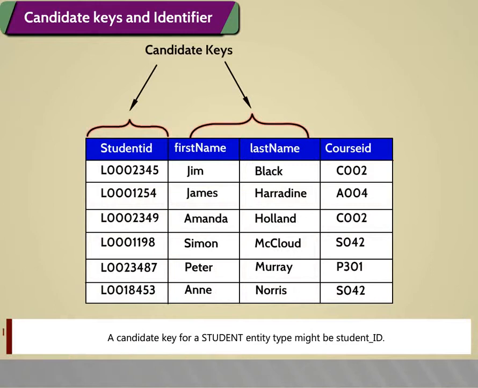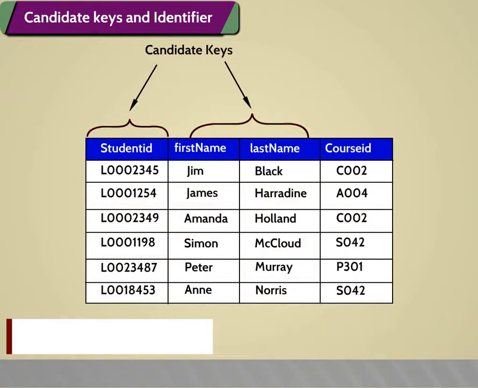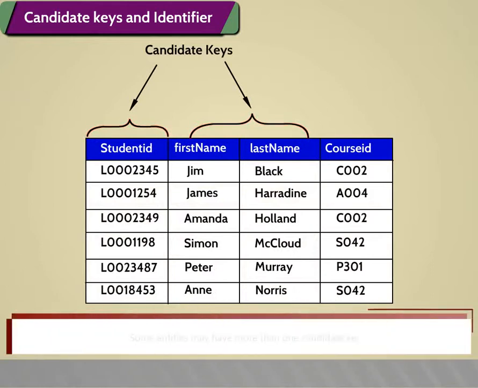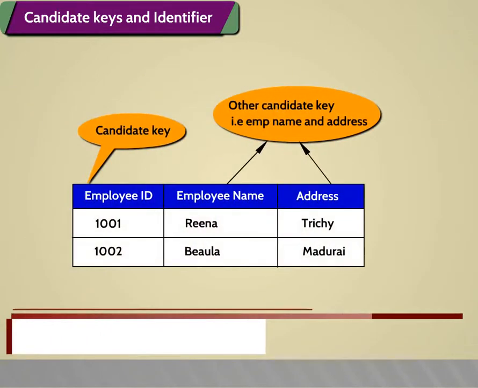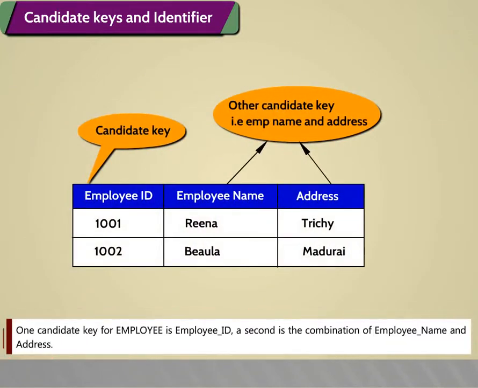A candidate key for a student entity type might be student ID. Some entities may have more than one candidate key. One candidate key for employee is employee ID, a second is a combination of employee name and address.